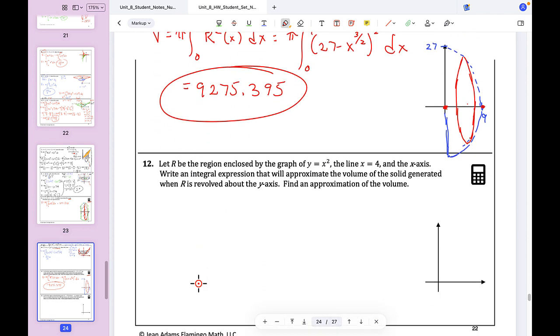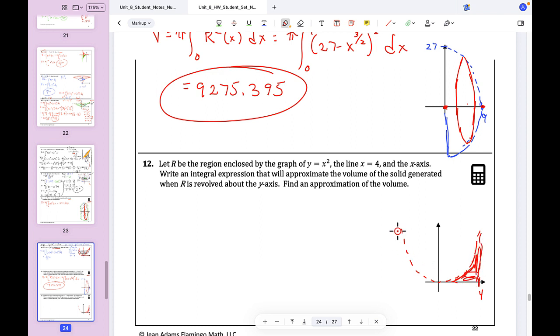Last one. Let's see, this is parabolic. Okay, the line x equals 4, and the x-axis. So we're revolving this region here around the x-axis.